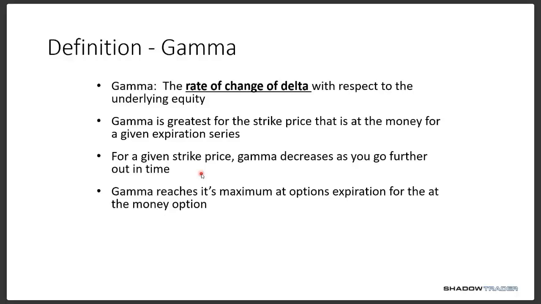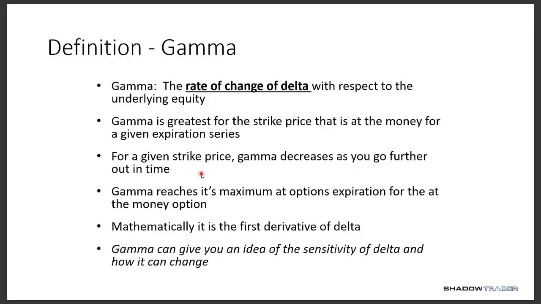And you're going to watch delta just kind of get like a Mexican jumping bean, up and down and up and down, based upon that gamma pushing that delta figure. And as it says here, mathematically, it's the first derivative of delta. All right.